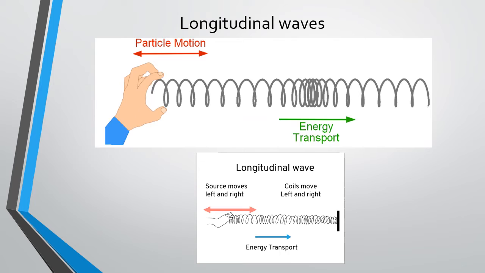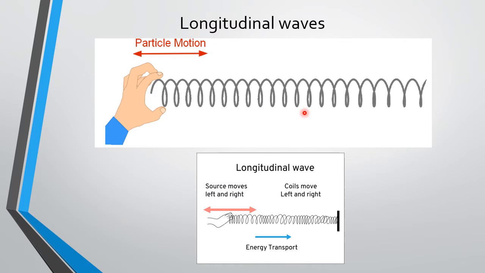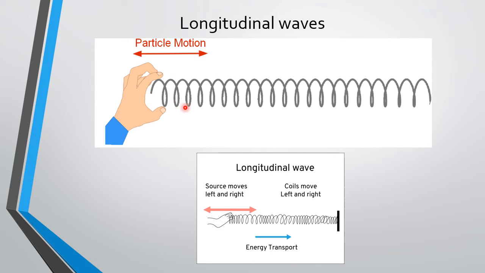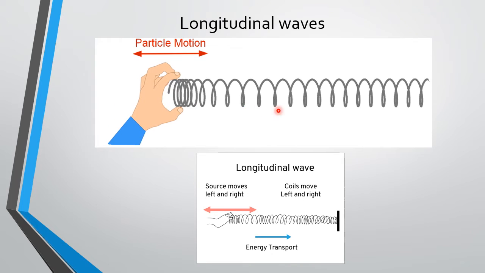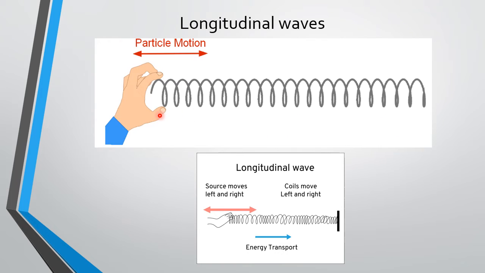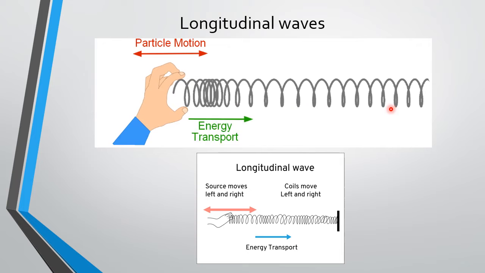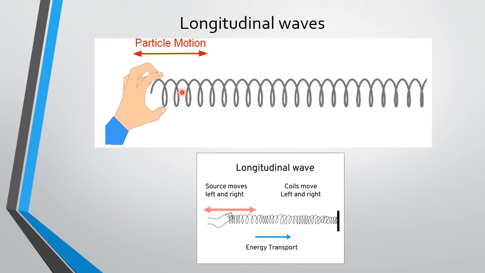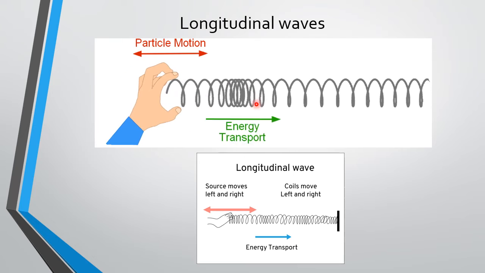So what are longitudinal waves? As this GIF of a longitudinal wave shows, when a spring is being pushed, initially it comes together and again comes back to its original position. So that means there is an energy transport which takes place from the left to the right. But you can see that initially they are coming together and again coming back to their original position.